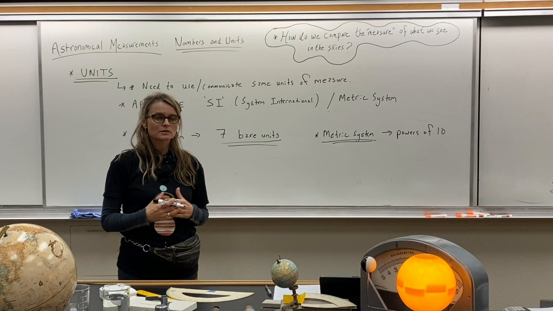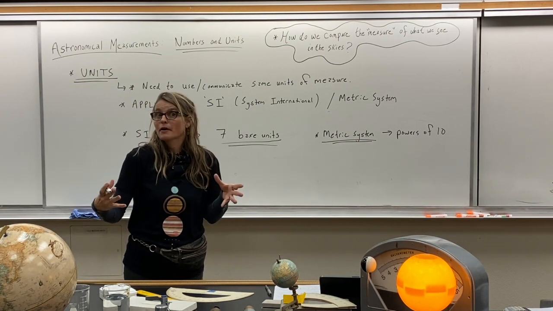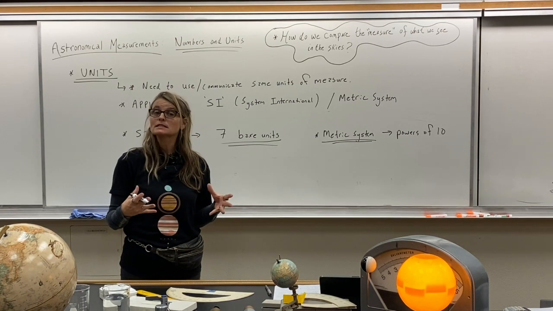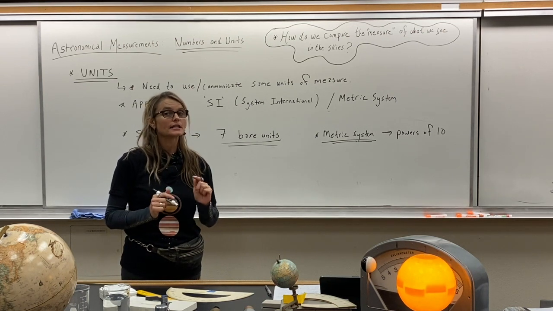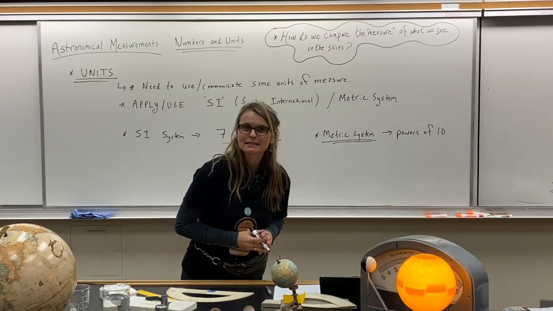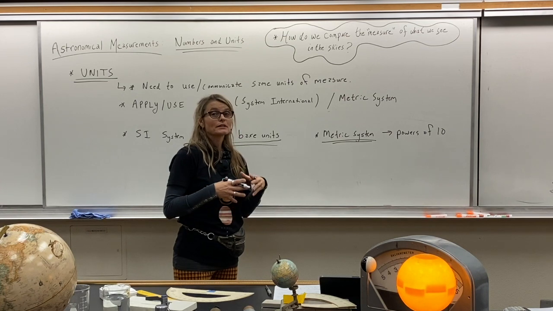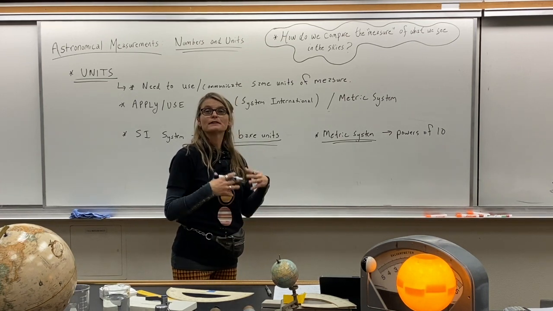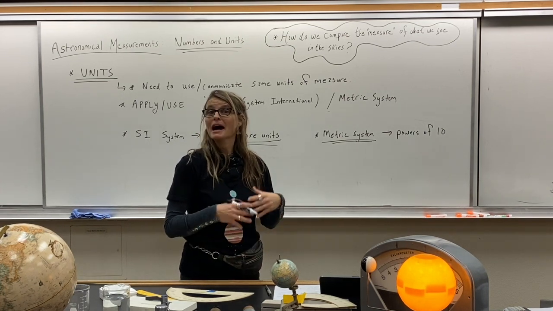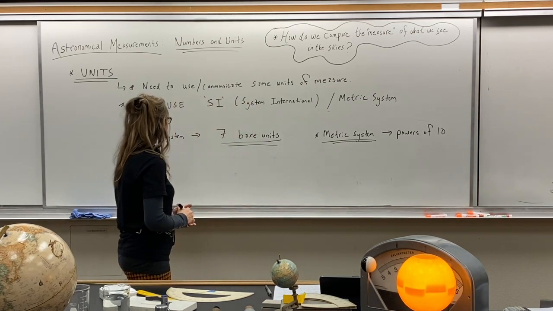These base units are fundamental units, and you could look up how these are defined. You could go to the NIST website. NIST is the National Institute of Standards and Technology, and we have groups of scientists always working on updating how we define a measurement of length, how we define a measurement of time, how we define a measurement of mass, etc. So there's 7 base units.